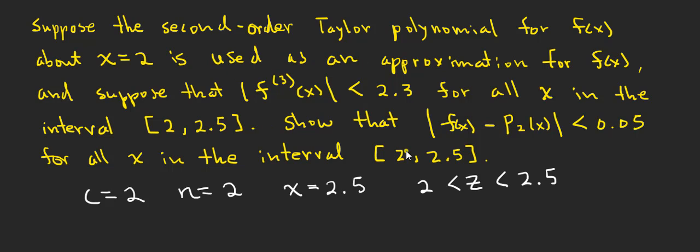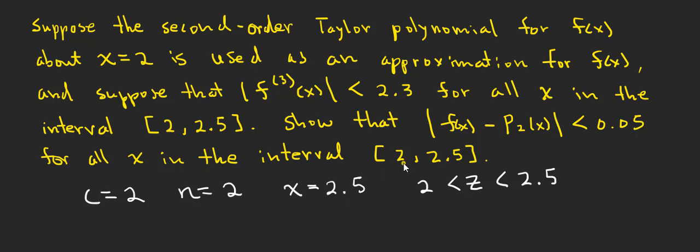So from the given information, we know that the center is at 2, and n is equal to 2. Also, we know that n is 2 because it says the second order Taylor polynomial. And x is 2.5 because look at the interval.